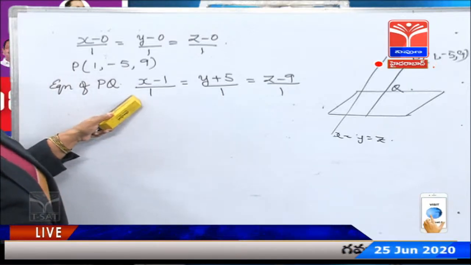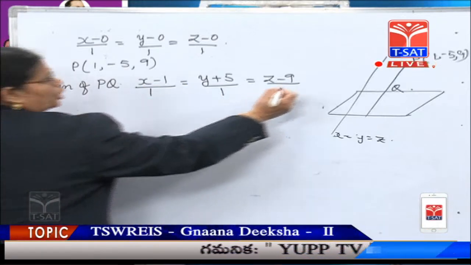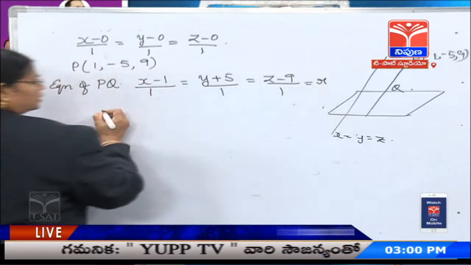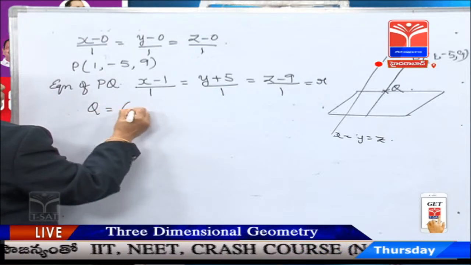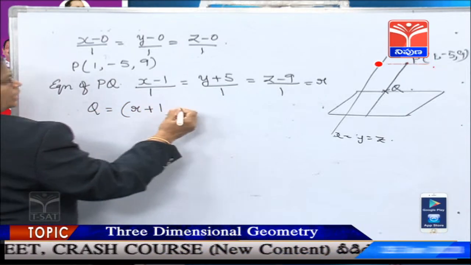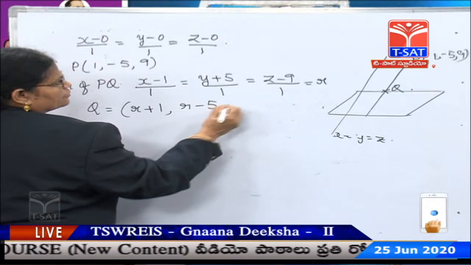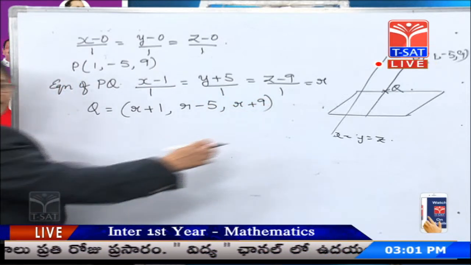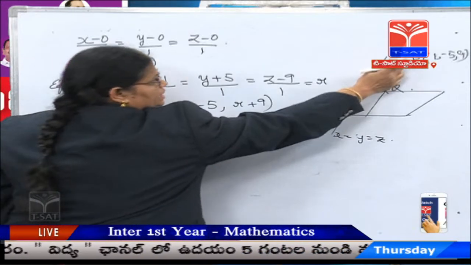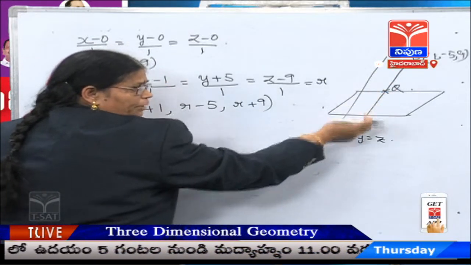Now, any point on this line, let it be Q. So, any point Q, we can write it as (r plus 1, r minus 5, r plus 9). This point lies on the plane. We want the distance from P to Q which is lying on the plane.